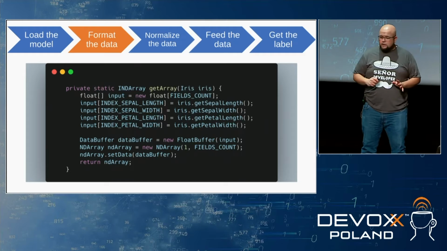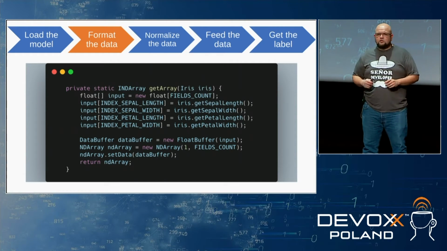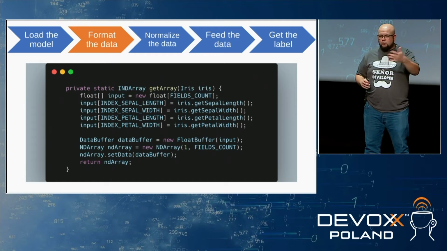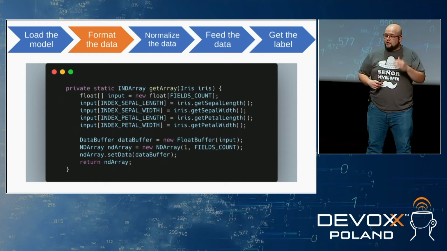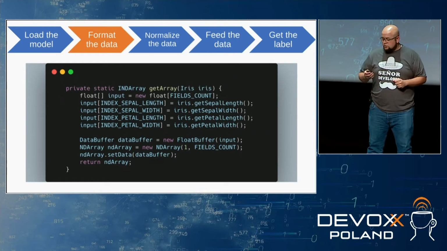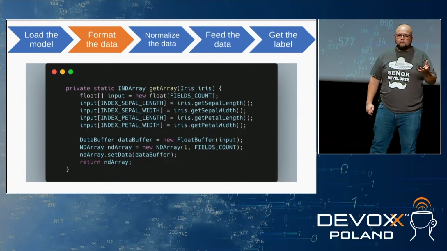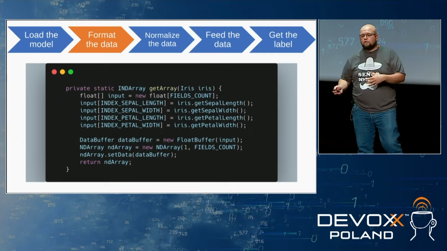In this case, this iris that you see in the parameter is just a POJO that I created for manipulating the information. So we need to put this into an array in the right order, in the right indexes, and then we need to transform this into an ND array, which is the kind of arrays that Deeplearning4j operates with.